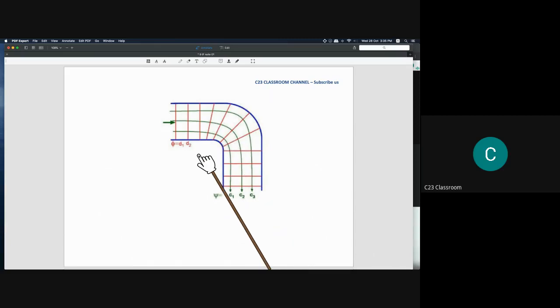The small area and higher velocity will give you a certain amount of flow rate, and for this large area here, the velocity will be slower. So it means that the continuity equation is kept the same for each mesh. That's the basic idea of the existence of phi in the calculation.